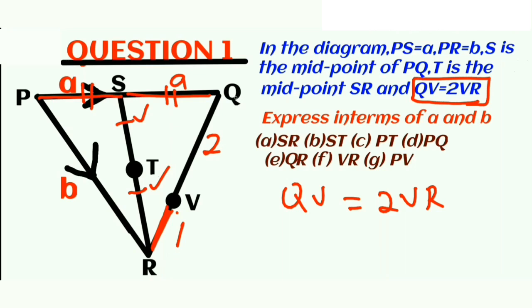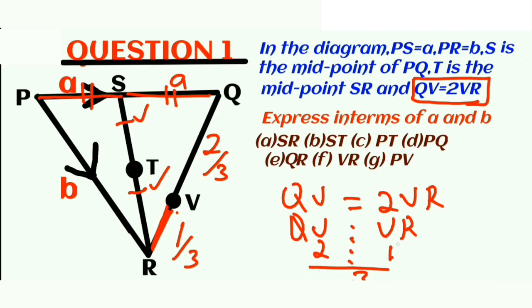Therefore, QV equals 2/3 and VR equals 1/3. So this is the ratio of QV to VR. Of course, the ratio of QV to VR is 2:1. But if we add 2 plus 1 equals 3, so therefore QV is 2/3 and VR equals 1/3.